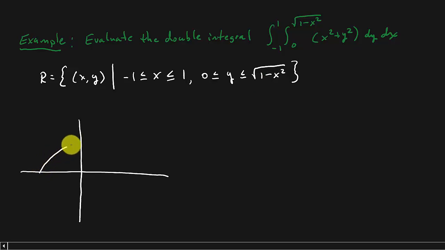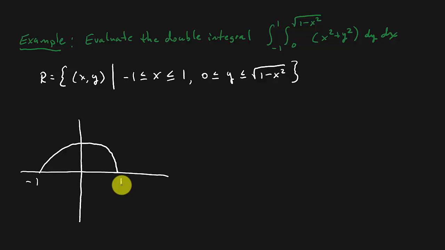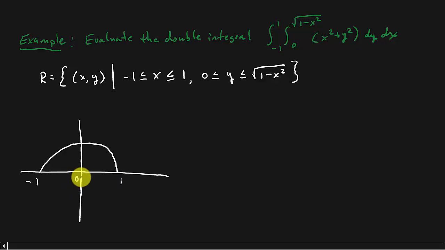Well, that's the top half of the circle, right? Right there. And x goes from -1 to 1. All right, and so there you got it. This is 0 here.